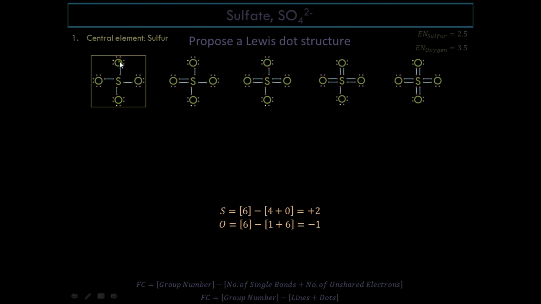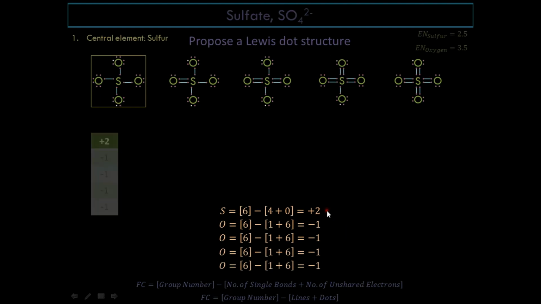The flow here is clockwise: this oxygen, followed by this oxygen, followed by this oxygen, followed by this oxygen. I already prepared it that way. So this oxygen, a group 6 element, has 1 line, 6 dots. The same with the other oxygens.